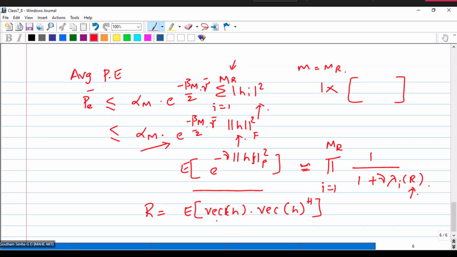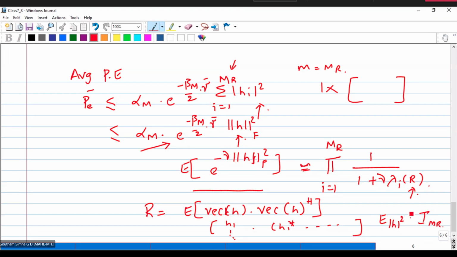How do you get this? This is something like H1, H2, H3, and so on, into H1 conjugate, H2 conjugate, and so on up to HMR conjugate. If you have principal diagonal elements, the eigenvalues would be 1. That is if you write the principal diagonal elements. What happens then? The expectation of H square into, I will write it as, the identity matrix I of size MR.